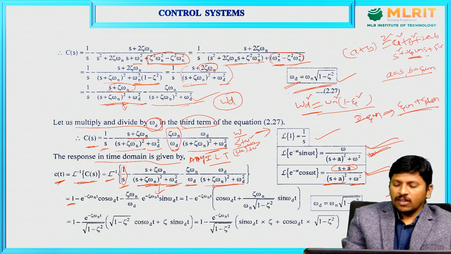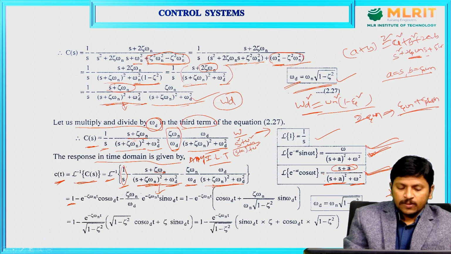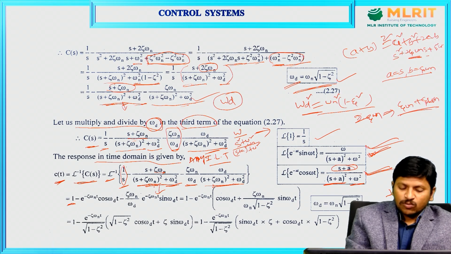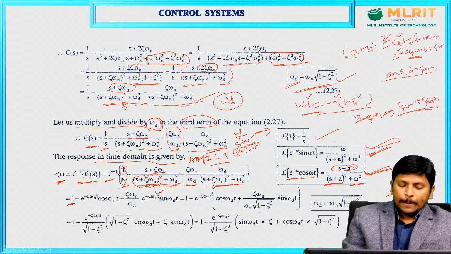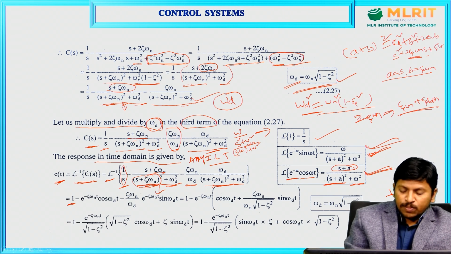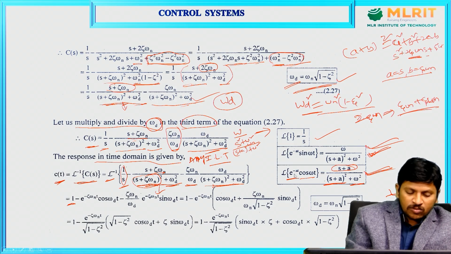Here s + a equals s + zeta omega_n, so in s + a whole square plus omega_d square, the numerator has the s term, so it gives cos omega t. The Laplace of cos omega t with s + a is e^(-at) cos omega t.